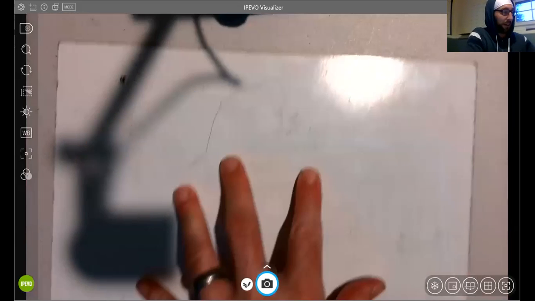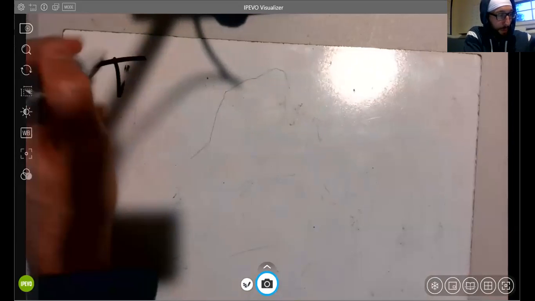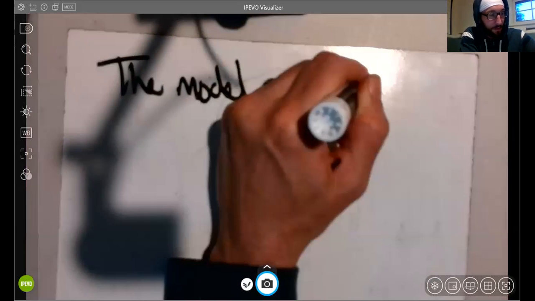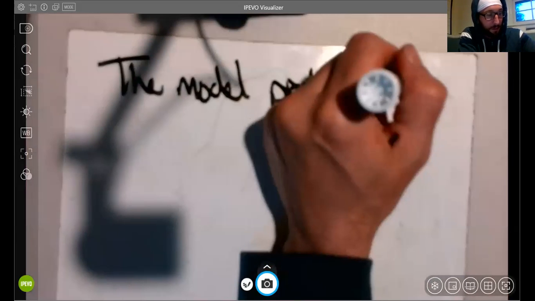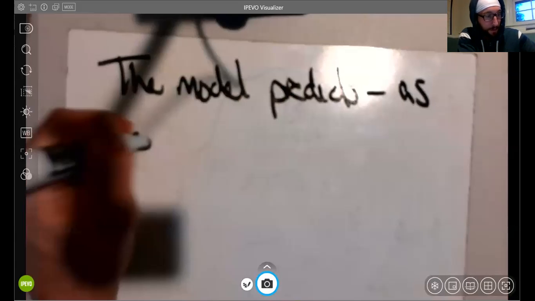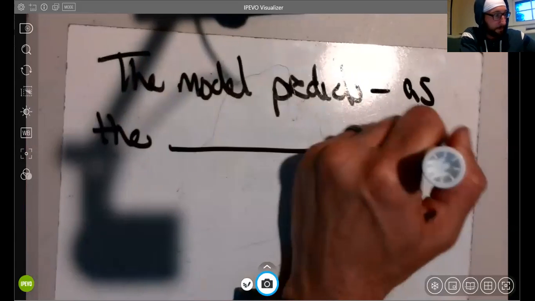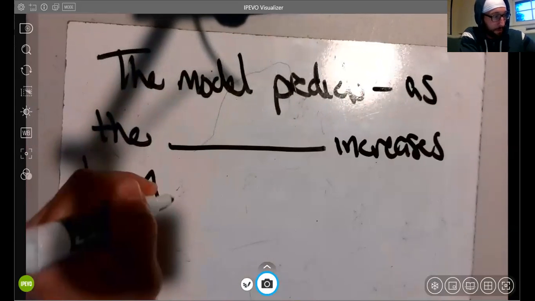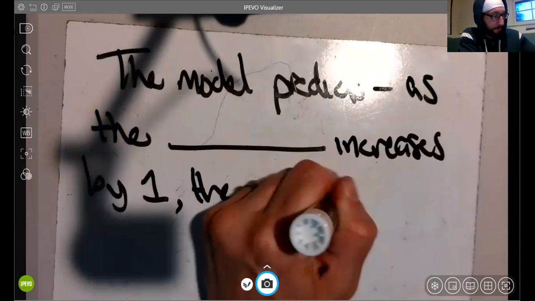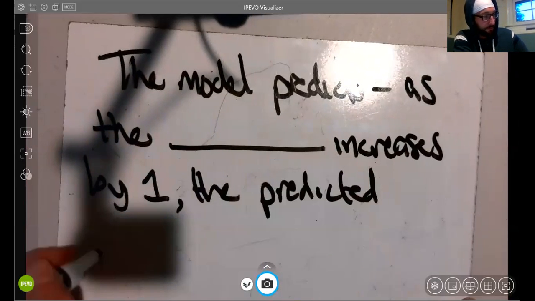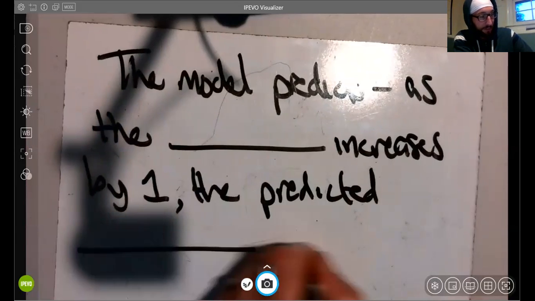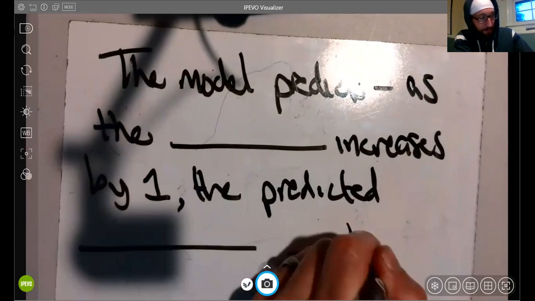So I'll just write it out since this is here. The model predicts, as the blank increases by 1, the predicted blank either increases or decreases by blank.